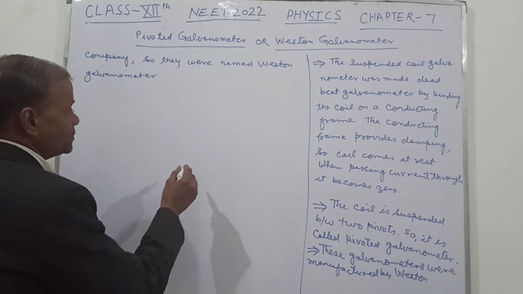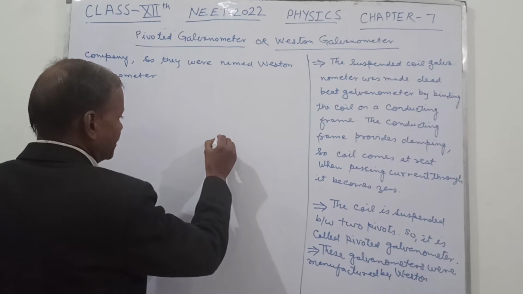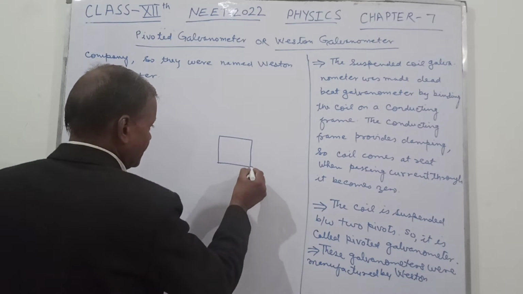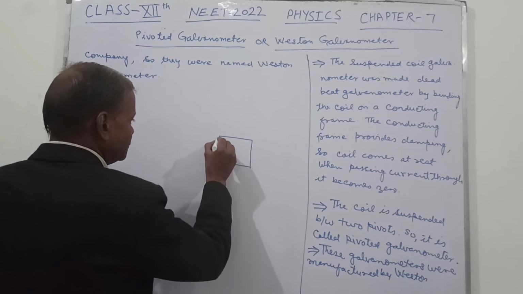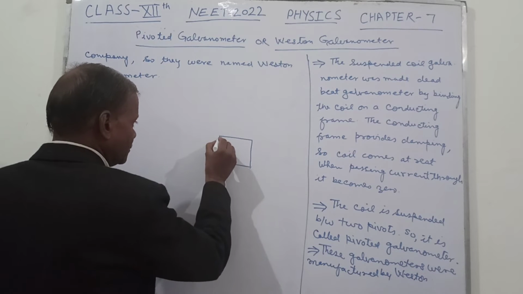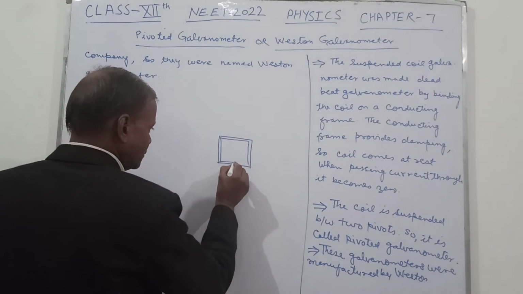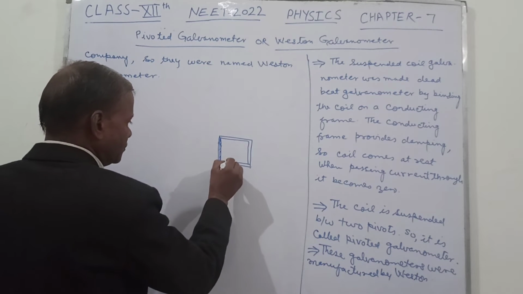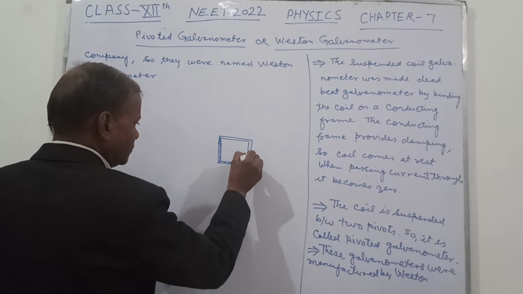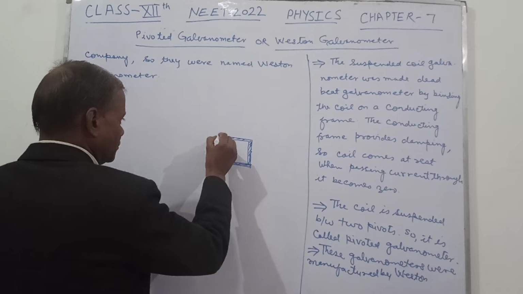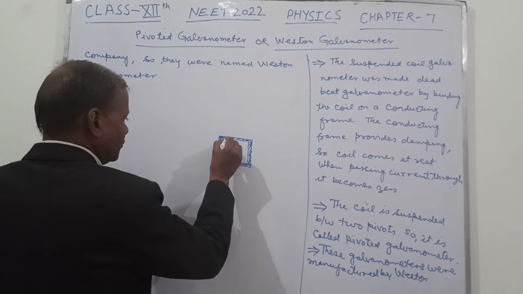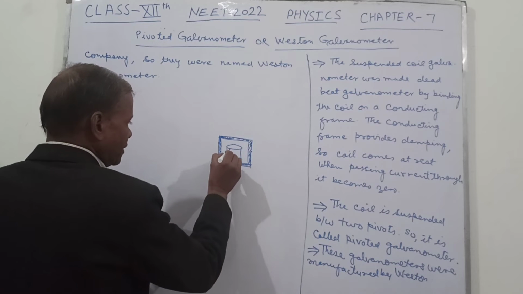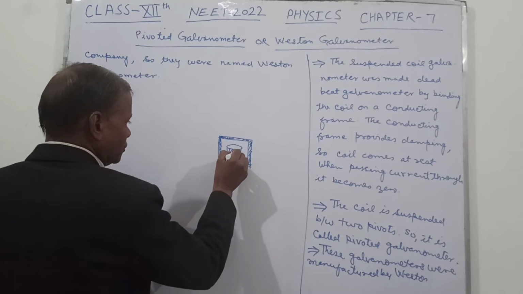Now we are having a conducting frame. This is the conducting frame. This is the soft iron core.